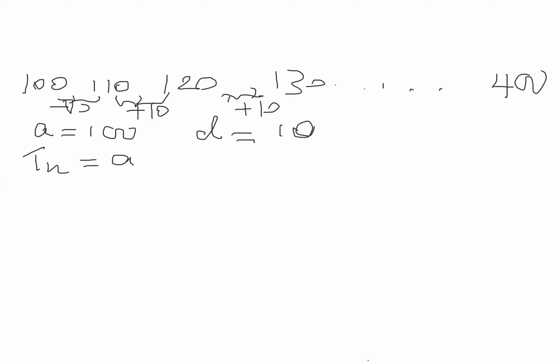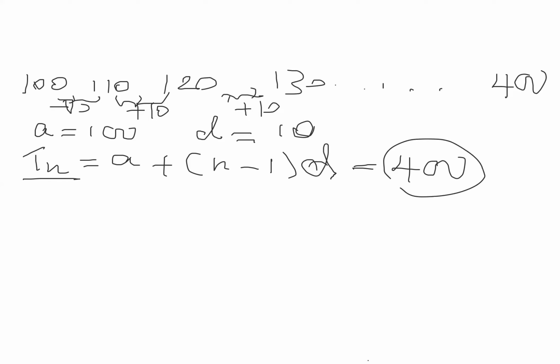Tn equals A plus n minus 1 multiplied by D, the common difference, equal to 400. So Tn equals 400, and we need to find n.